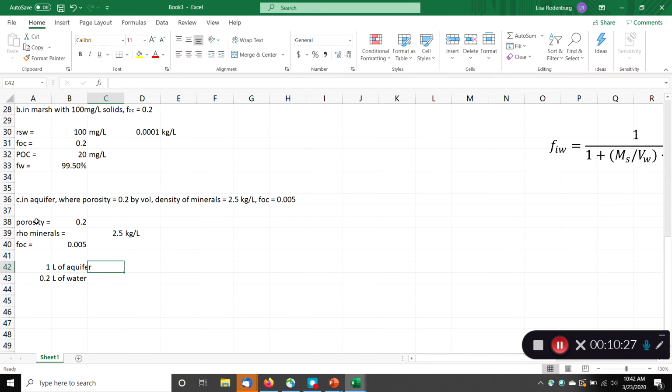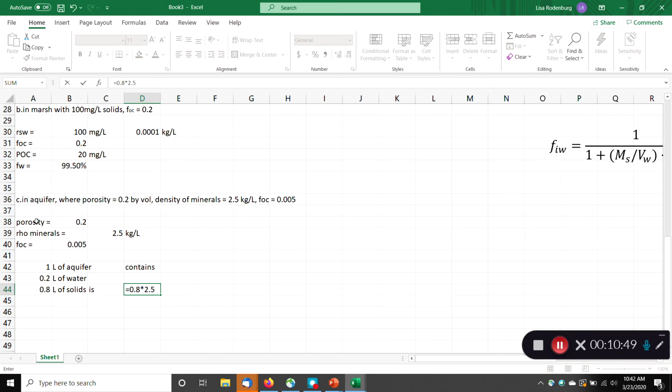So 1 liter of aquifer contains 0.2 liters of water and 0.8 liters of solids, right? 0.8 liters times 2.5 kilograms per liter is 2 kilograms of solids.